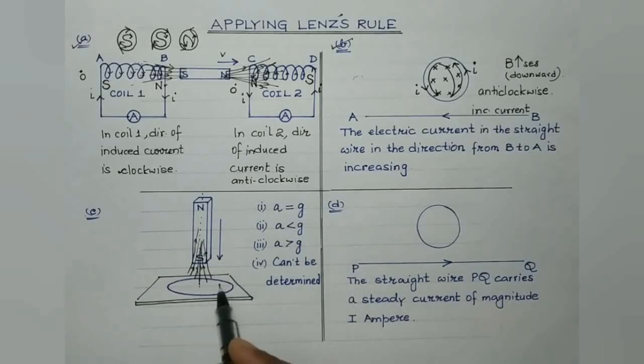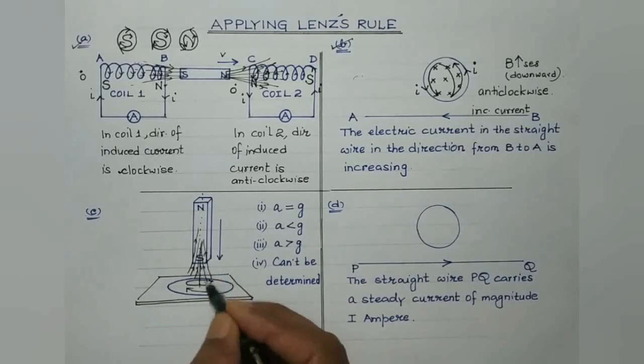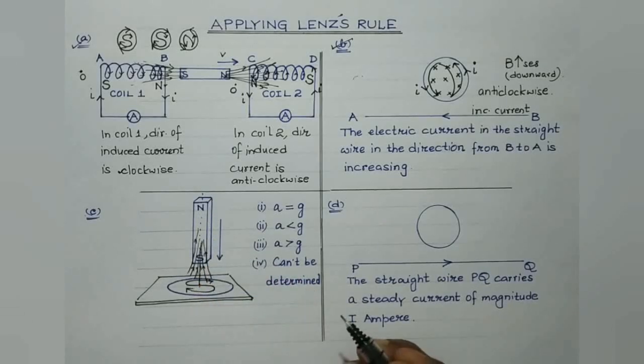But as per Lenz's rule, the direction of the induced current in the coil will be such that it opposes the approaching magnet. And that is possible only when this face of the loop acquires south polarity. Because it is only then that it will experience magnetic force of repulsion and it will oppose the approaching magnet, right?